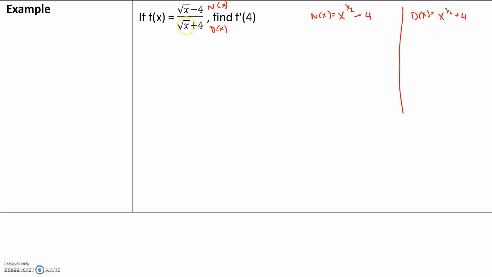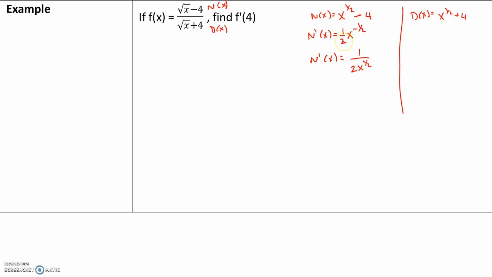Same rationale. We want to write this as a rational exponent. Now, n prime of x, the 1/2 is going to come down, and if you subtract 1 from 1/2, that gives you a negative 1/2. But we can't have a negative exponent, so we're going to say that n prime of x is equal to 1 over 2x to the 1/2.